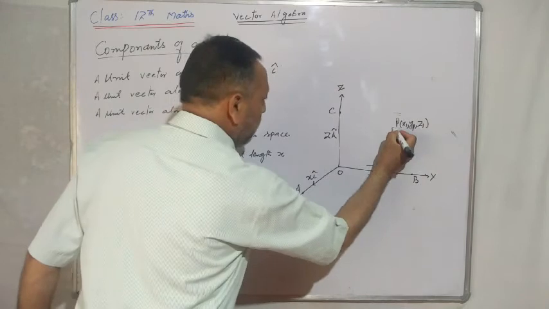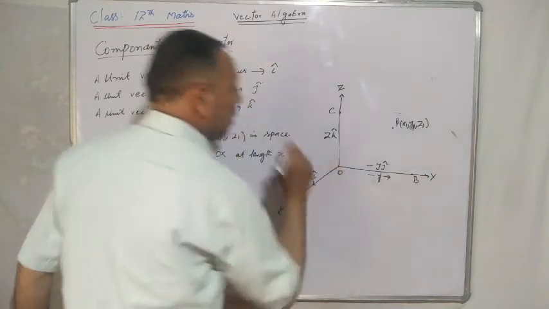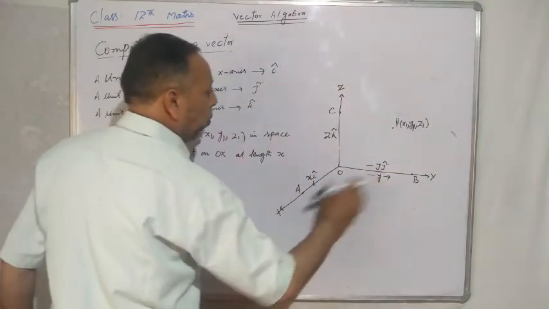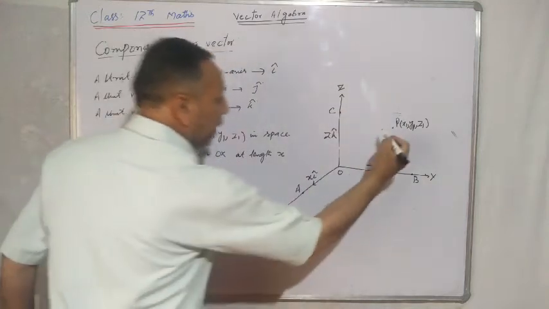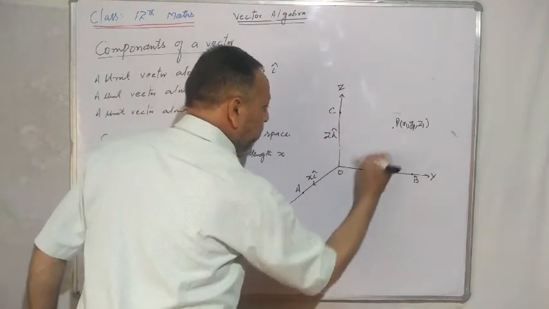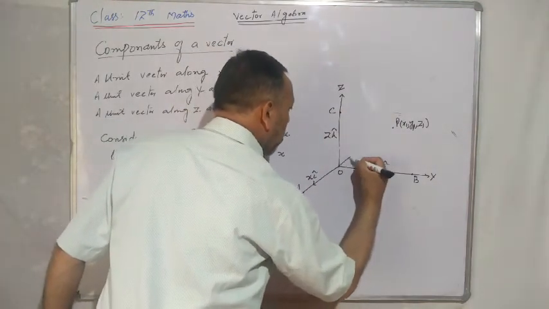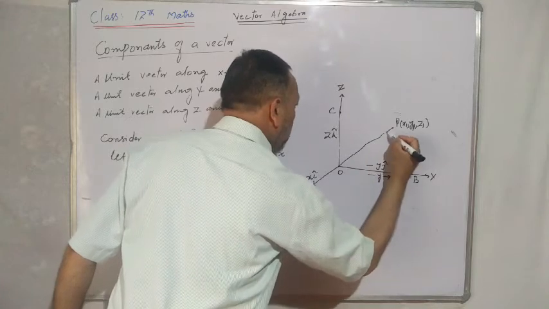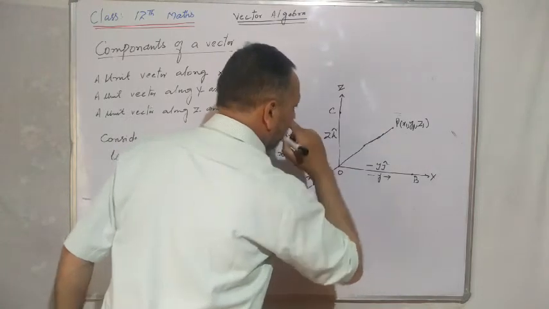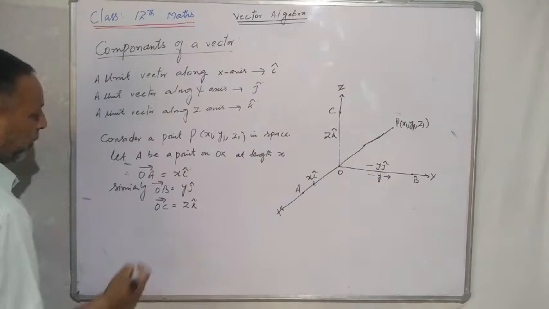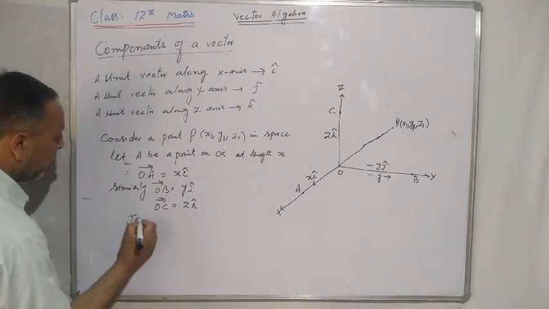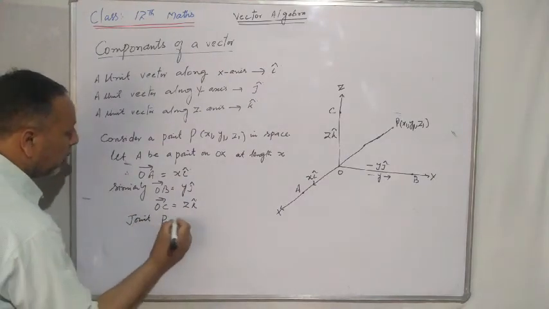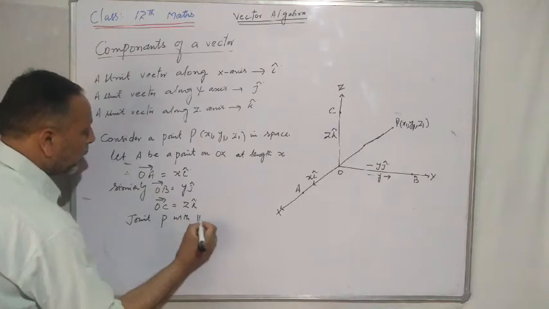Now let me find the position vector of point P with respect to OX, OY, and OZ. That means join point P with the origin.